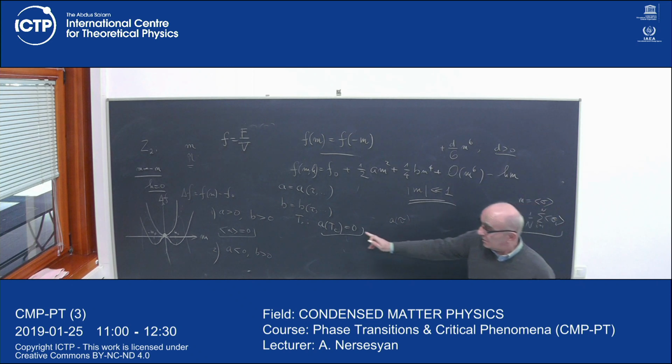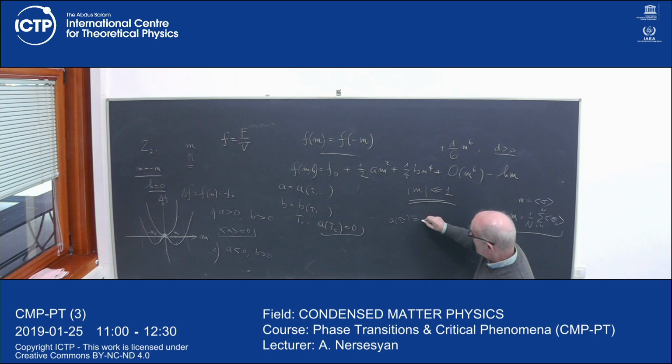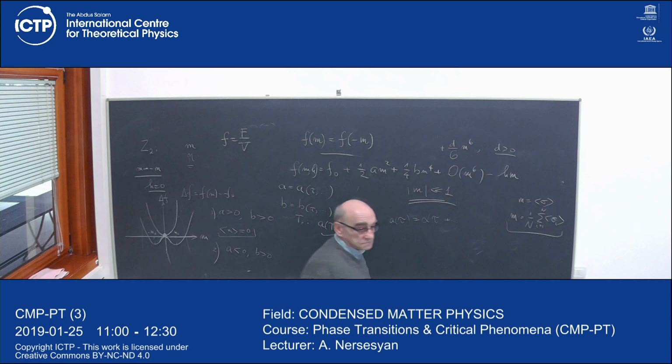Tau equal to 0 means that I'm just at Tc. At Tc it is 0, so the first term is alpha times tau itself, plus higher order terms. Taylor expansion. The first non-zero term is linear, of course.